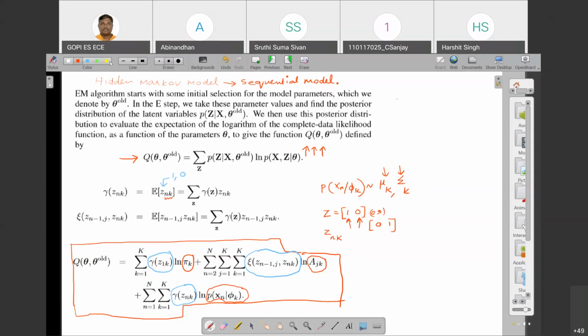So what do n and k indicate? n is the nth sample generated from that model, otherwise the nth latent variable. But k indicates the element, Zn1, Zn2, like that. K indicates the state.